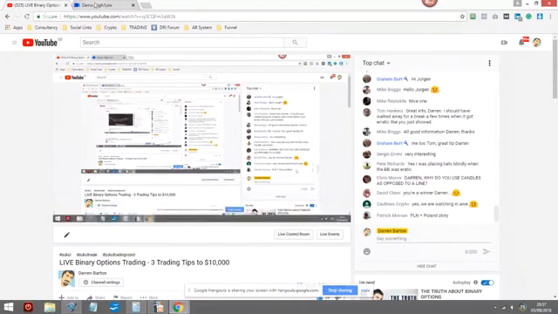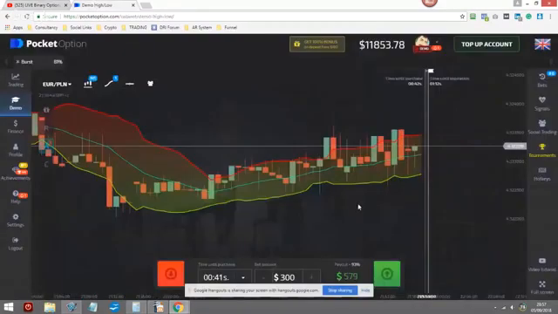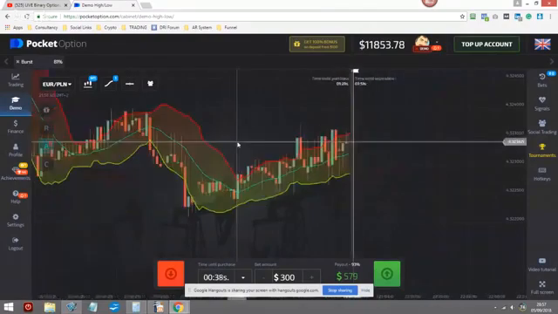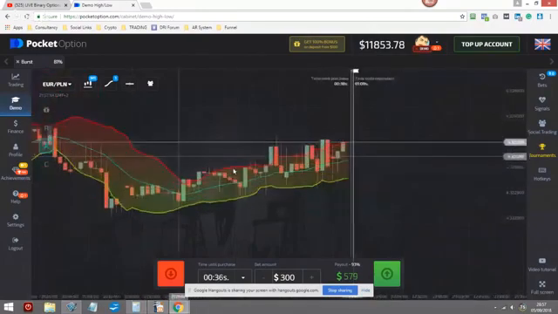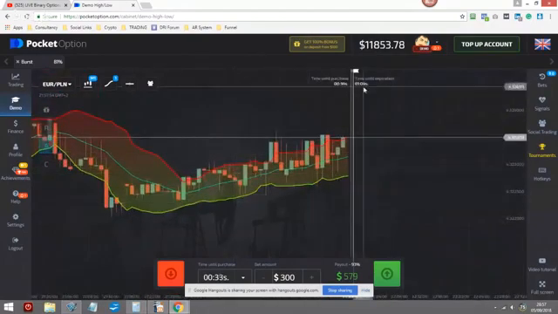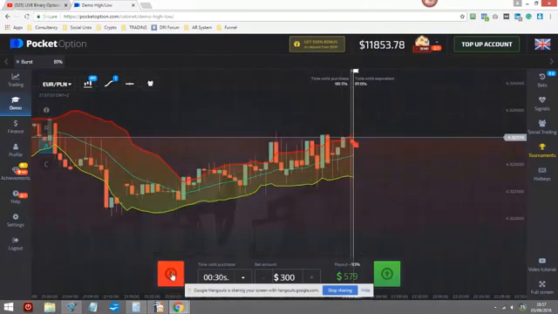Right. Okay, let's just have a quick look at the chart. Nothing seems to have happened very much here, apart from the fact that my chart seems to have frozen. We're back again. Right, look. 4 seconds, it's broken up. We're going to go down now. So we've placed a down bet on there.